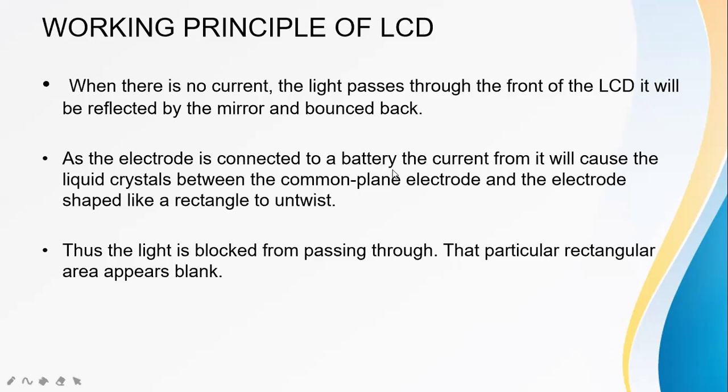As the electrode is connected to a battery, the current from it will cause the liquid crystals between the common plate electrode and the rectangle-shaped electrode to untwist. Thus, the light is blocked from passing through, and that particular rectangular area appears black.